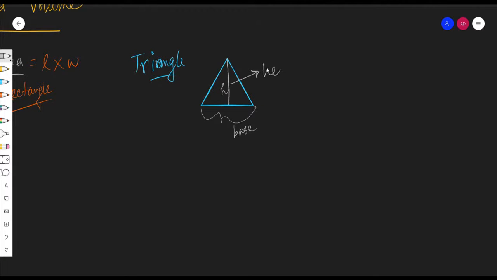H denotes height and this is base. So the area will be half into height into base. Base we can write as B. For any triangle, we can find the area with this.